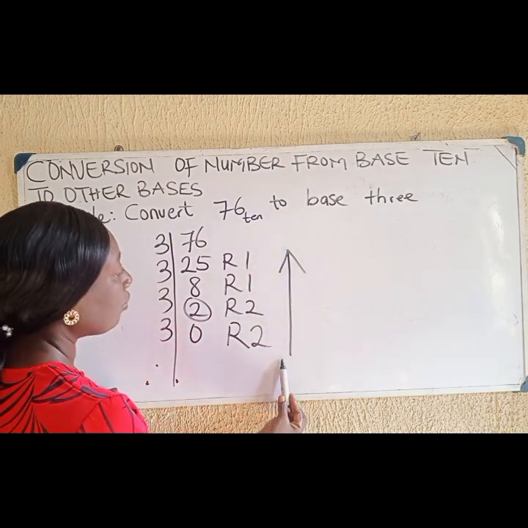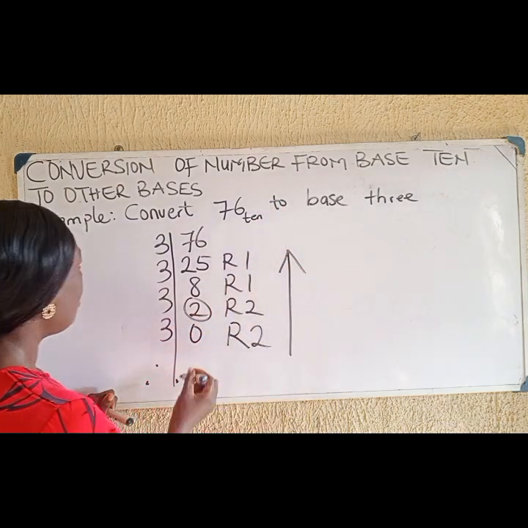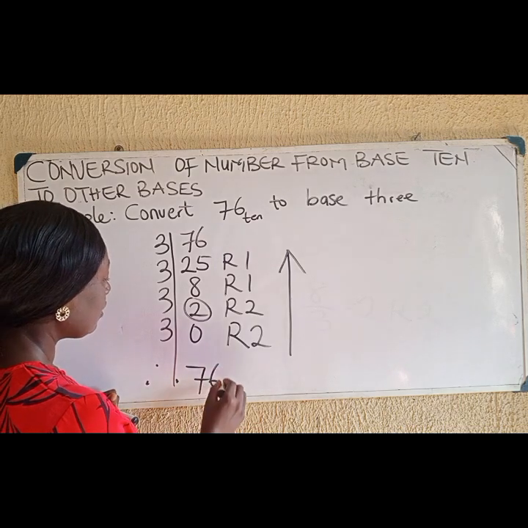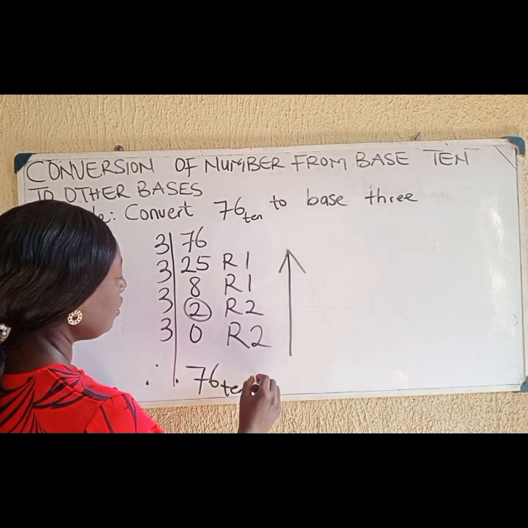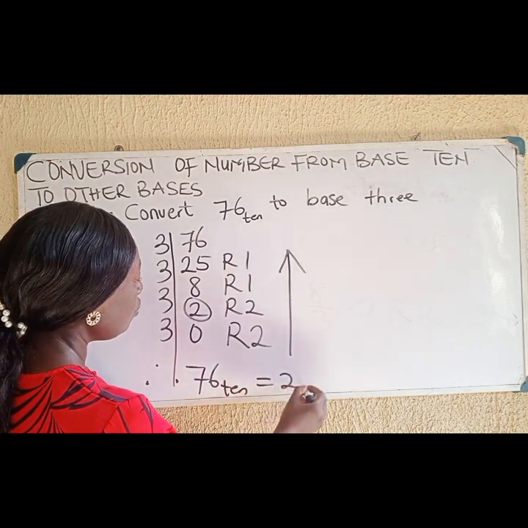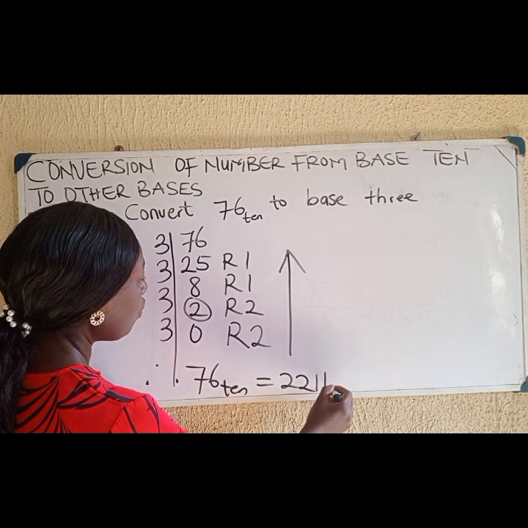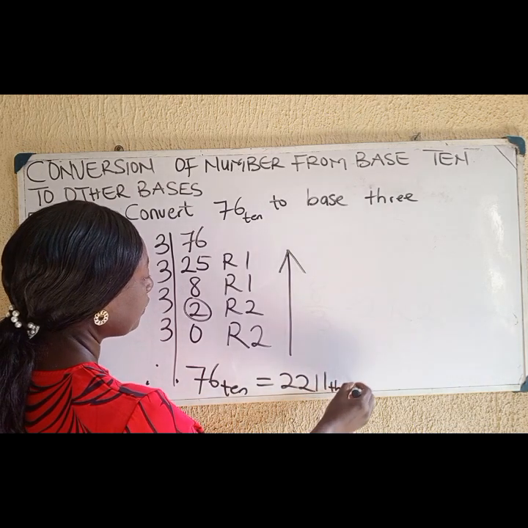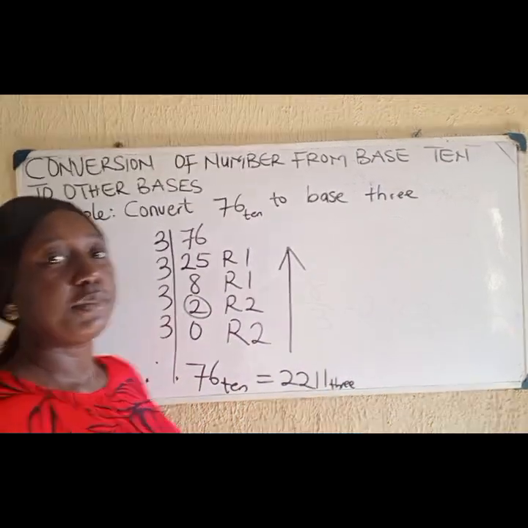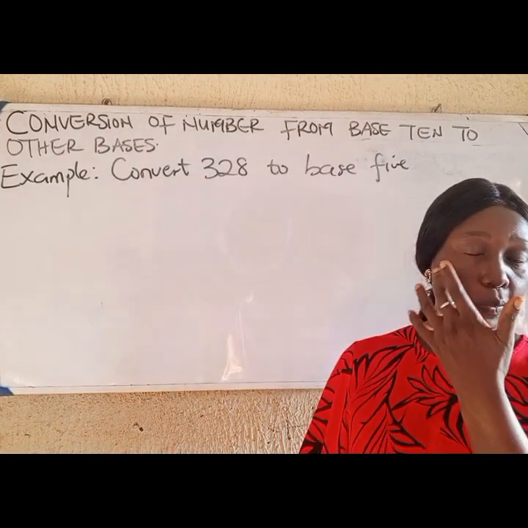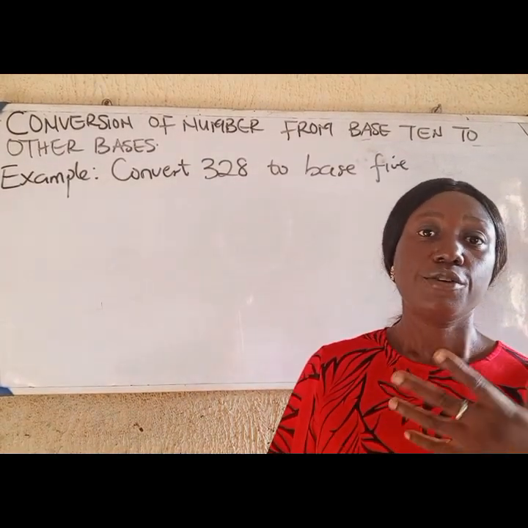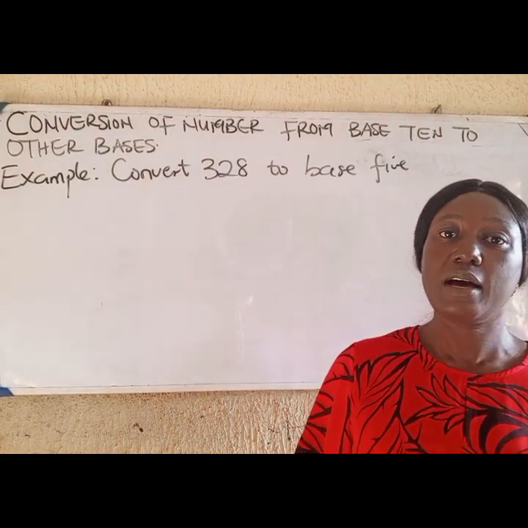No, you start from down to read your answer. Therefore, 76 in base 10 is equal to 2211 in base 3. I hope it's clear. Now let's see another example on how to convert numbers from base 10 to other bases.